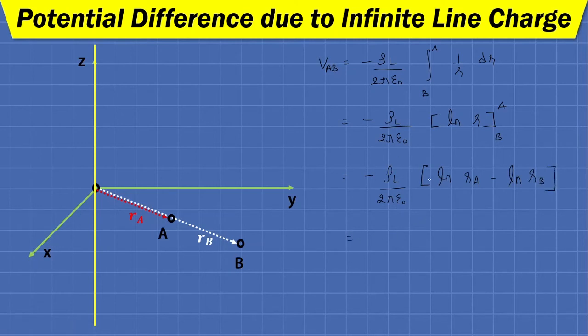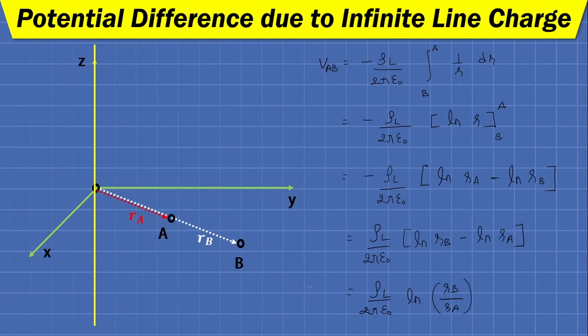Now in logarithmic relations, this negative sign will turn into division. If we apply this negative sign to the bracket, then we will have rho L upon 2 pi epsilon naught ln RB minus ln RA. So we will have rho L upon 2 pi epsilon naught ln RB divided by RA.